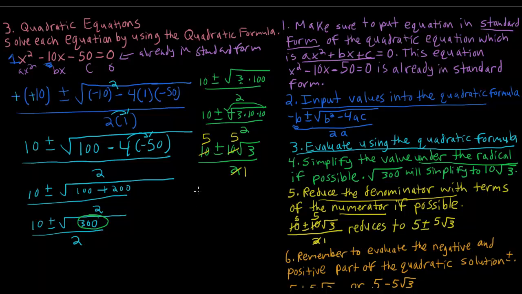So we're left with 5 plus or minus 5 root 3 over 1, which is just the same as 5 plus or minus 5 root 3.